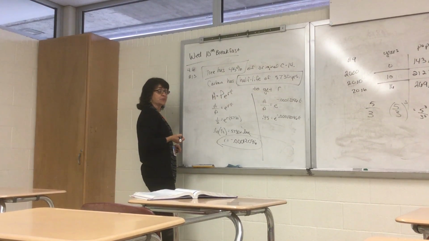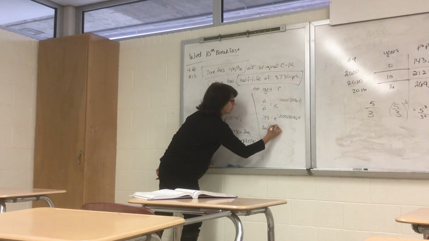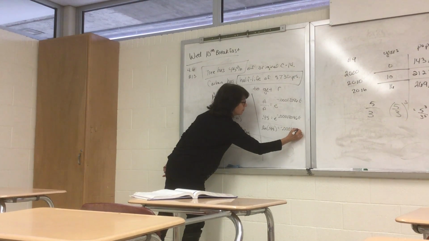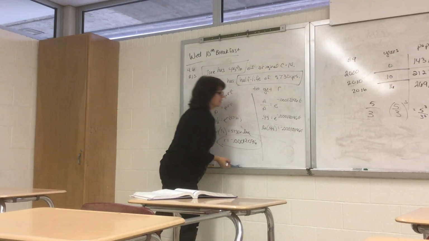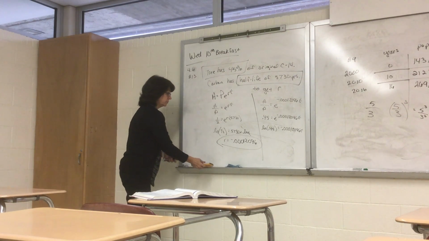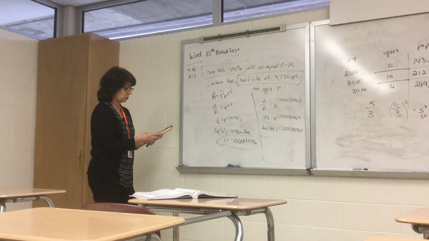Now we're going to ln both sides. Because ln of E is 1, I don't have to do anything with the ln of E. So ln of 0.45, which should be a negative number, divided by negative 0.0001296.